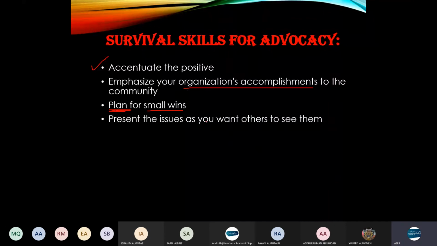Also, we need to present the issue as we want others to see it. And here we must put some lines actually. Okay, something that is hard or harmful from my point of view is not necessarily harmful from your point of view.